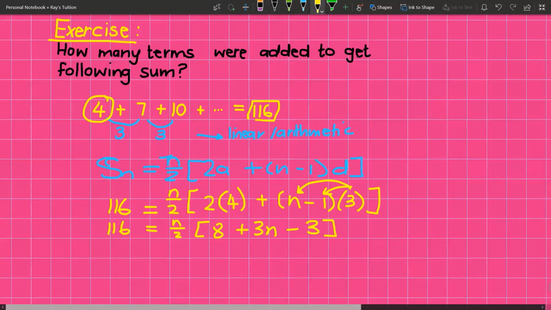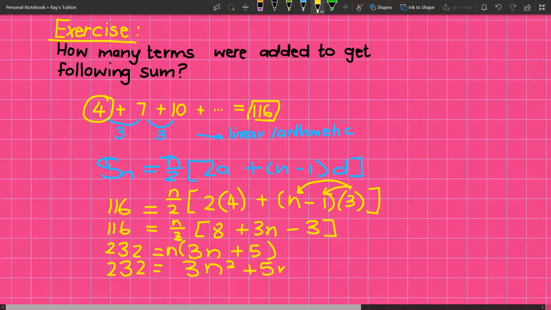First of all, I'm going to multiply both sides by 2 to get rid of that 2. So this is 232 is equal to n times 3n plus 5. So I've simplified what's in this bracket and we just have the n. So 232 is 3n squared plus 5n.